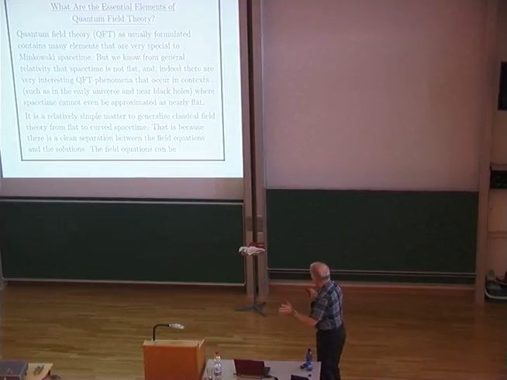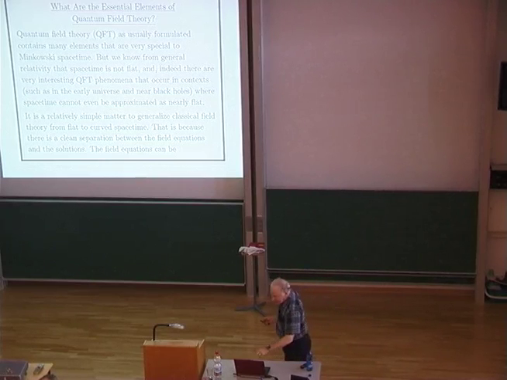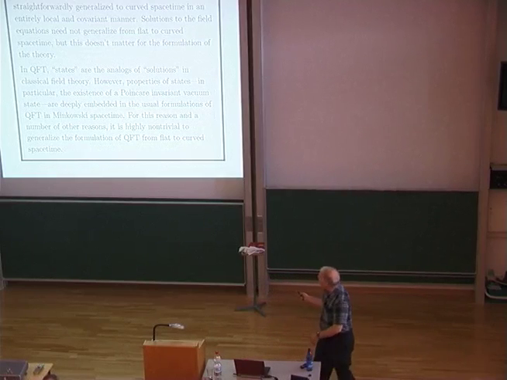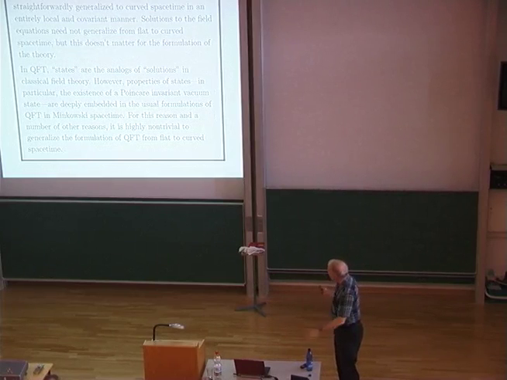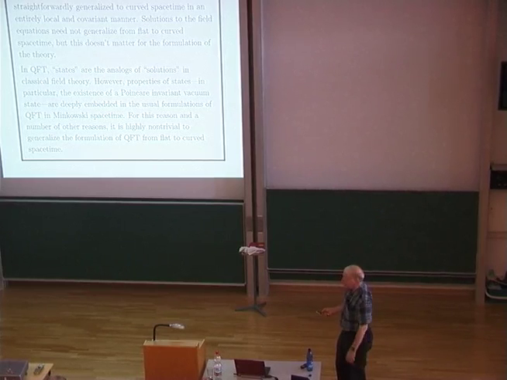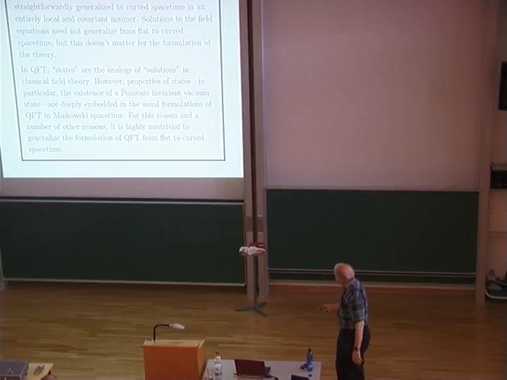Right? We've got Maxwell's equations, we've got solutions to Maxwell's equations. The point is that field equations can quite straightforwardly be generalized to curved space-time in a completely local covariant manner that's entirely satisfactory. If you want to generalize solutions from flat to curved space-time, you've got a big problem because there's not necessarily any correspondence between solutions.